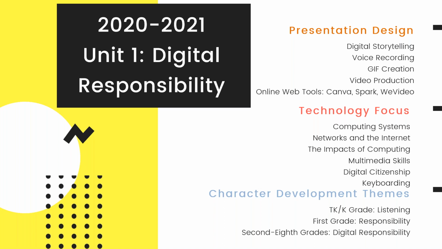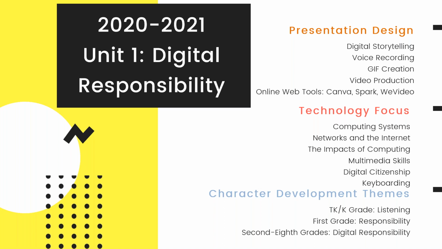We are going to spend time talking about computing systems, networks and the internet, impacts of computing. For lower levels, we're talking about mouse skills, mouse practice, how to navigate that mouse, keyboarding instruction and introduction.